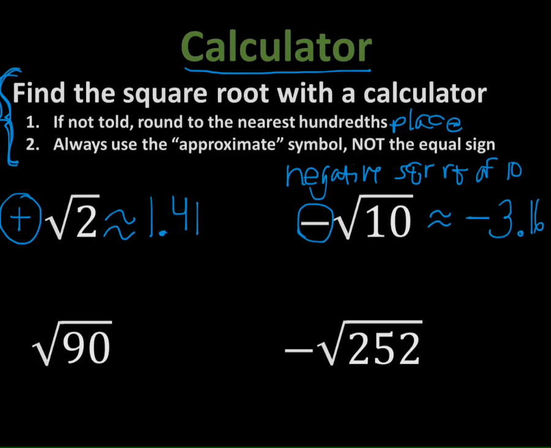So, square root of 90. There's no sign in front, so I'm going to assume it's positive. So it's approximately 9.49. I want you to do the last one by yourself.